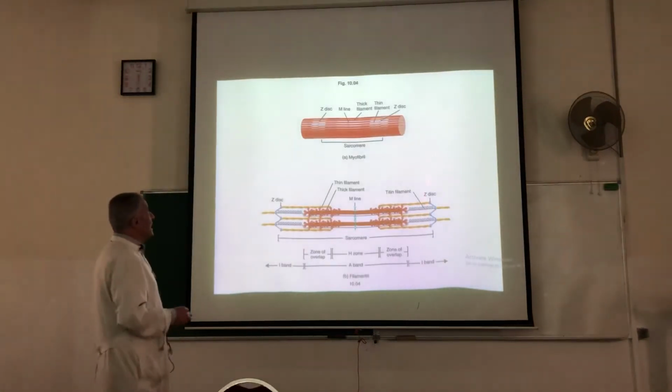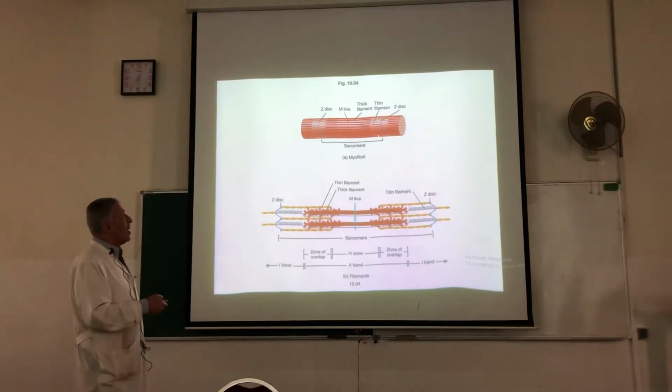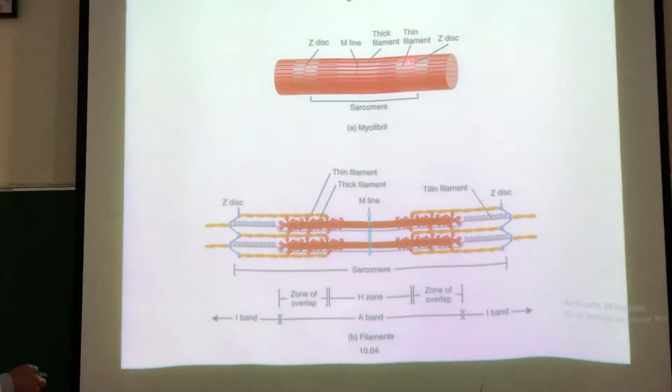Now returning back to the myofibril, as you see, we have darker regions and we have lighter regions. We said in the middle of the lighter region, which is called the I band, we have the Z discs, and the whole structure between two Z discs is called the sarcomere.